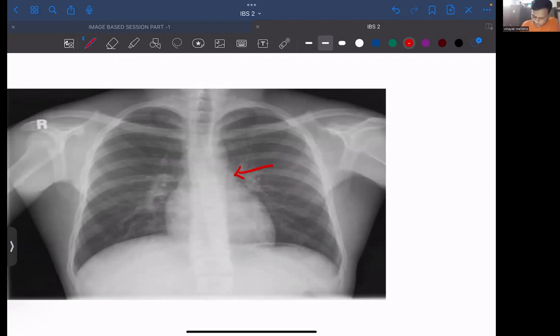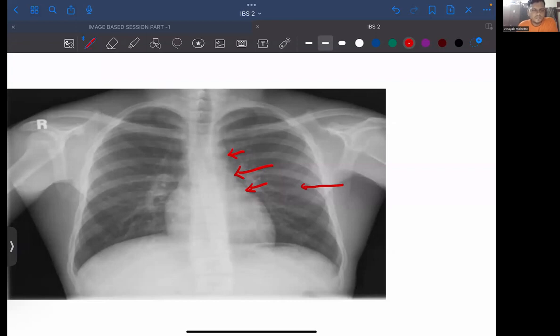No one? What is this? Got the confusion? What is this? And what is this? Right? That's why you get questions again and again.